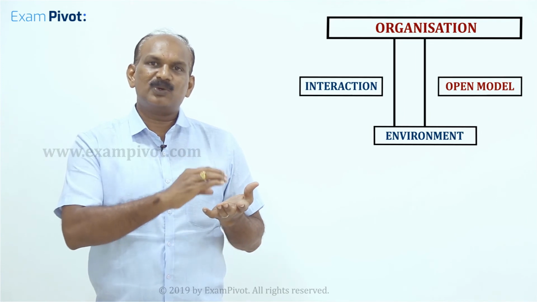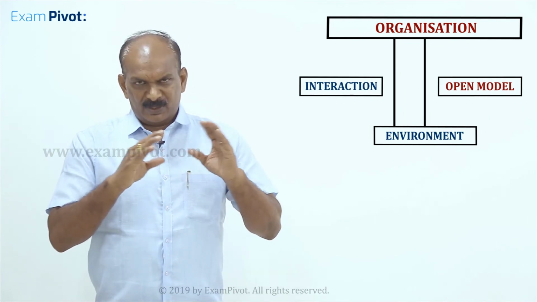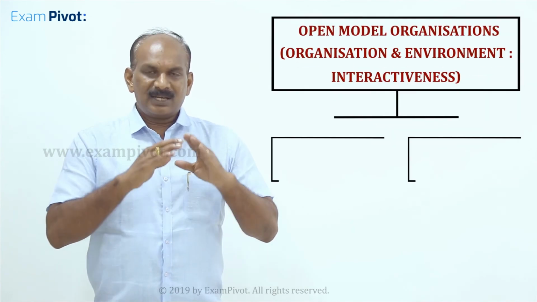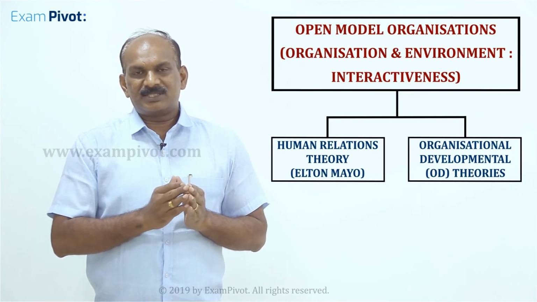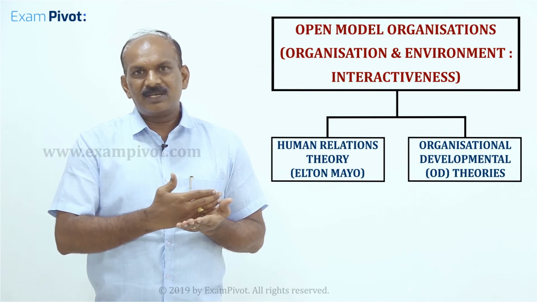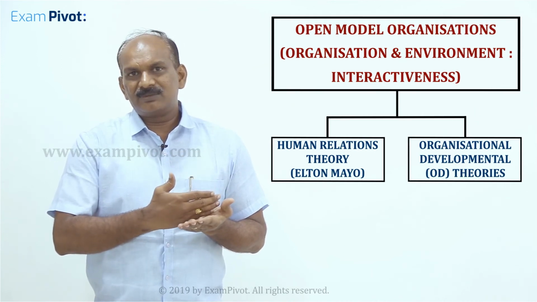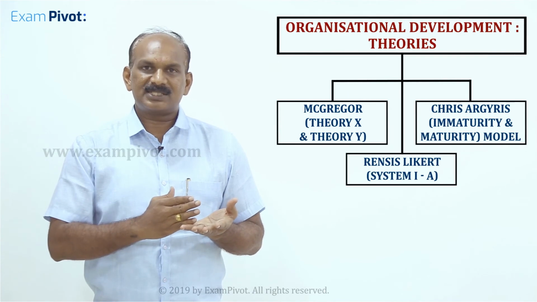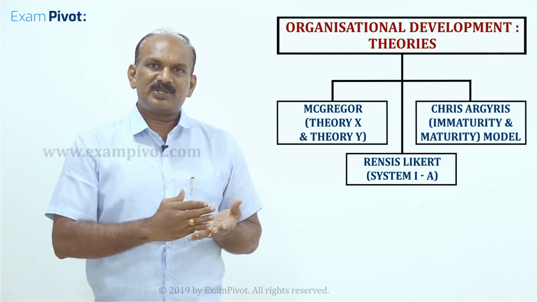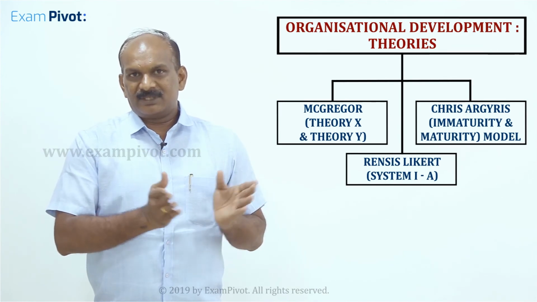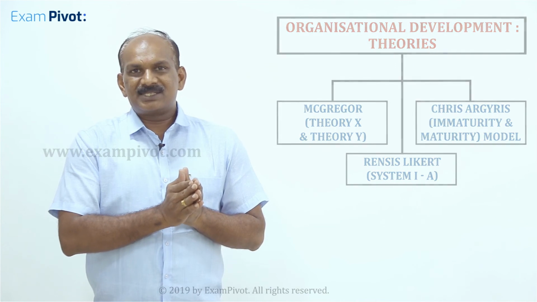This kick-started the open model, which means the influence of values in the organization, that is the role of informal organization, starting with the theories of human relations led by Elton Mayo, then the entire OD theorists. The OD theorists come in the form of McGregor's Theory X and Y, Chris Argyris's maturity-immaturity model, then the next group is Likert's regard.